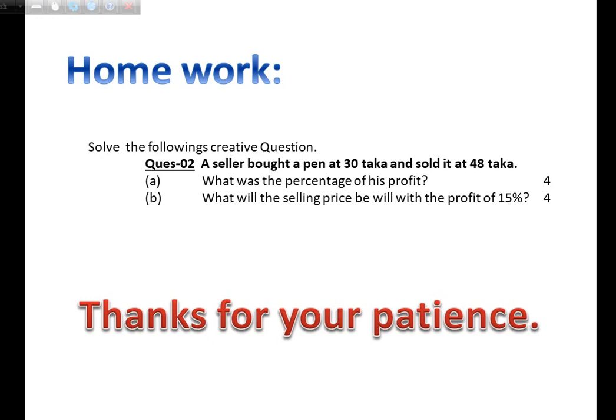You have to find the solution of two problems. The first is the percentage of his profit, and the second is what the selling price will be with a profit of 15%. I think you will solve it within a very short time.